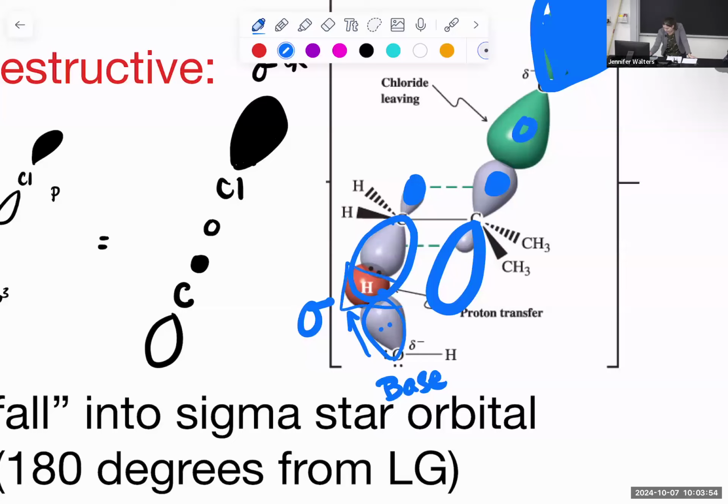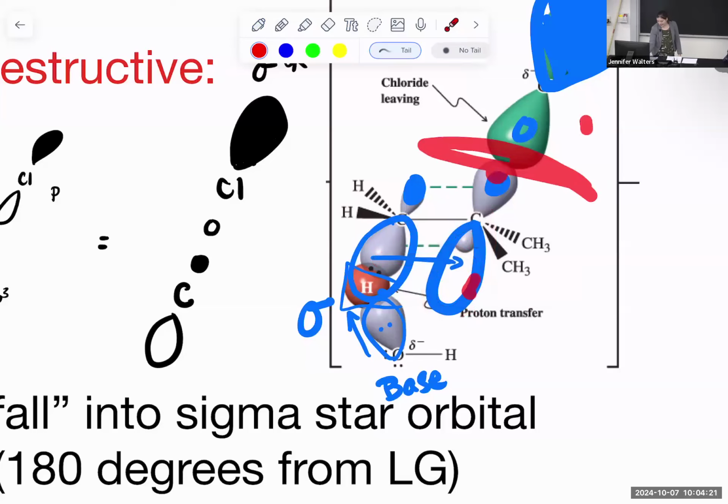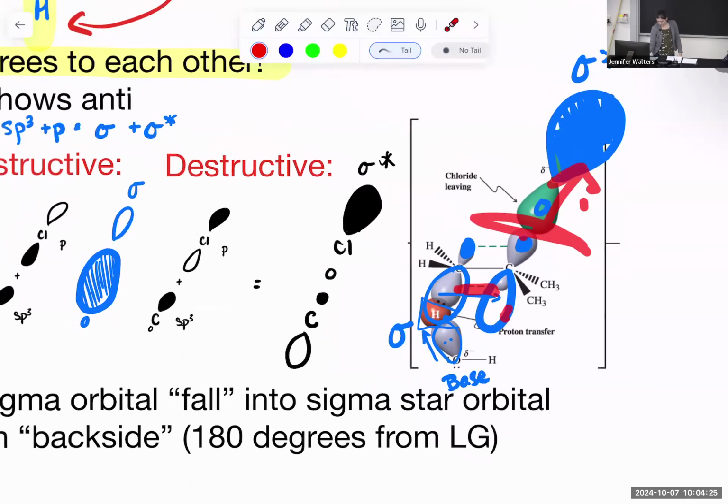They are taking the hydrogen, and then the electrons from that sigma orbital are falling into the sigma star. It has to be parallel for those electrons to lean over. Remember that our electrons can only travel between head-on or side-on. That's the only way that our electrons can move. So the electrons from that sigma bond can go into that sigma star, break that sigma bond, kick out our leaving group, forming our carbon-carbon double bond.